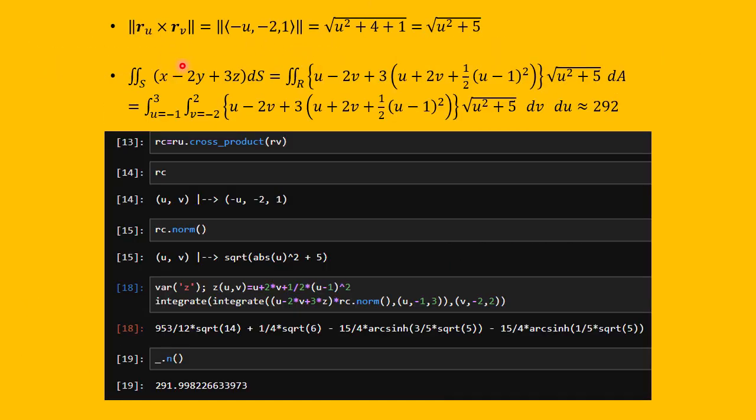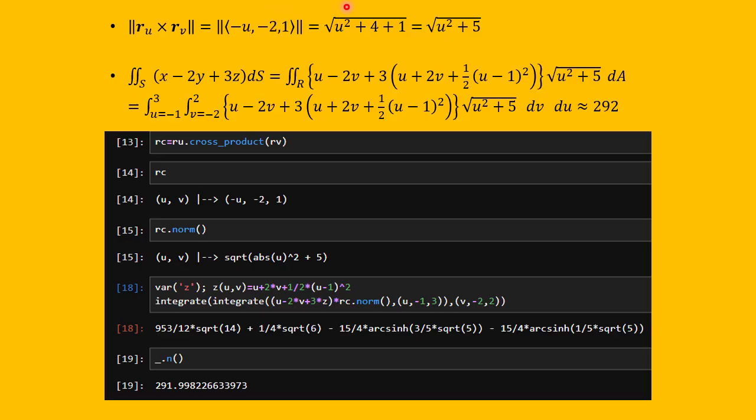To calculate the surface integral, we need to find the norm of the cross product of these two vectors. And the cross product of these two vectors we saw before was this vector. And the norm of a vector is the square root of the first component squared plus the second component squared plus the third component squared.